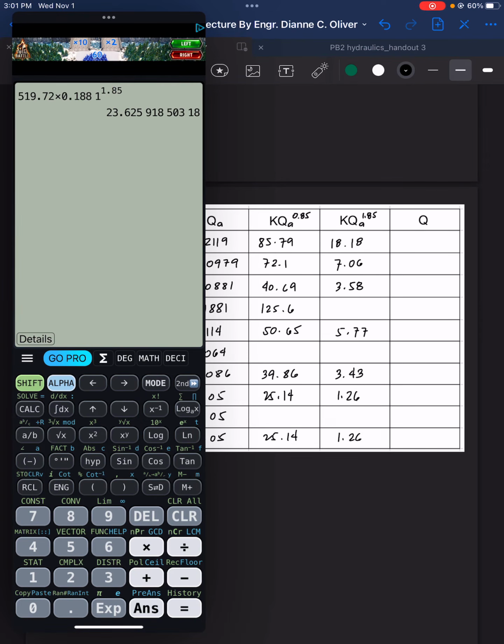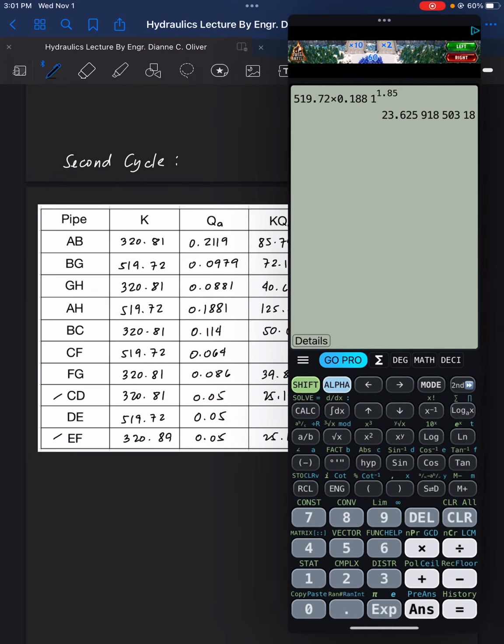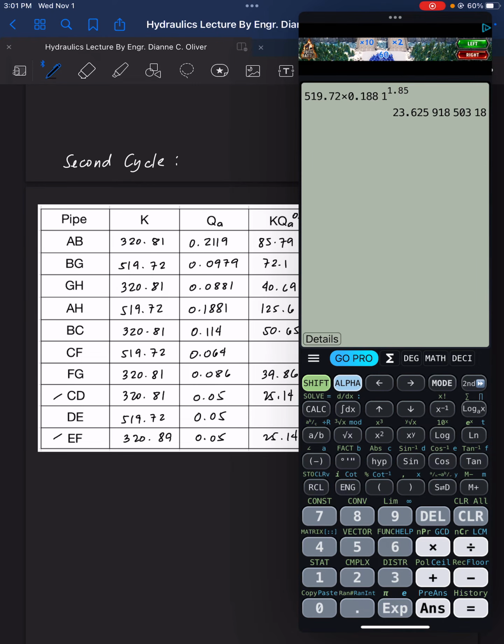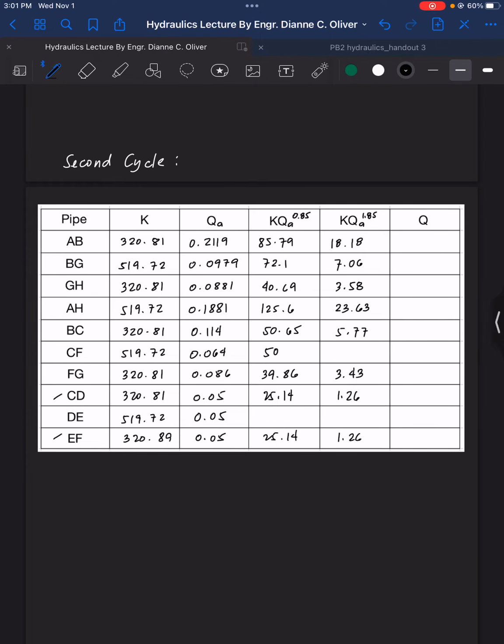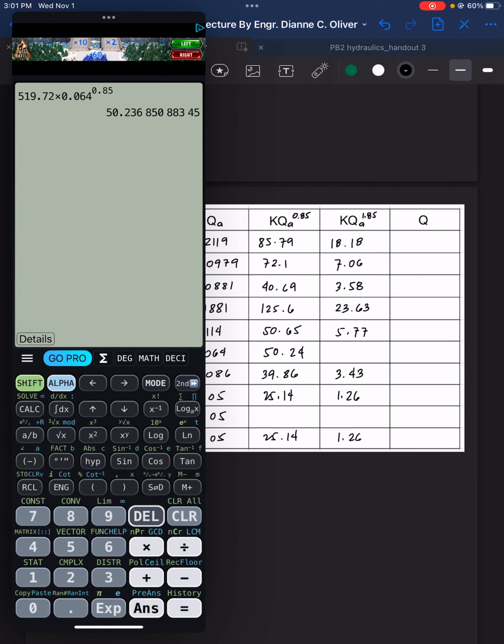So 23.63. Then 50.24, and then raised to 1.85, 3.22.